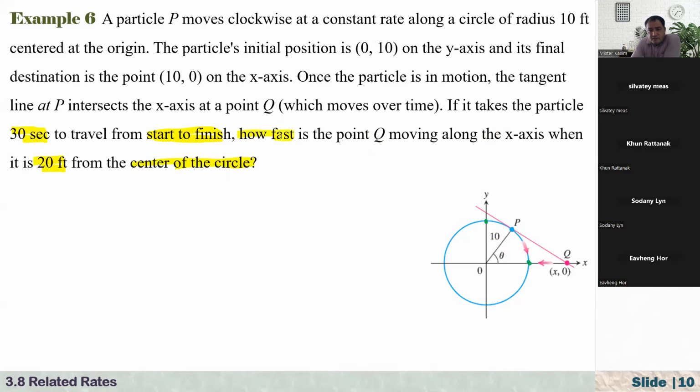As you see here, Q is moving towards the origin, so the answer will be negative.